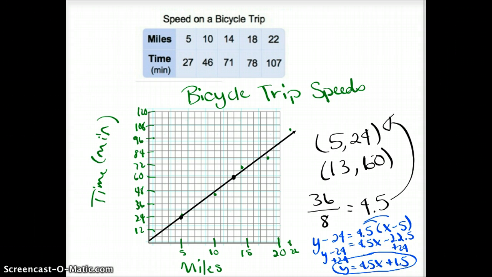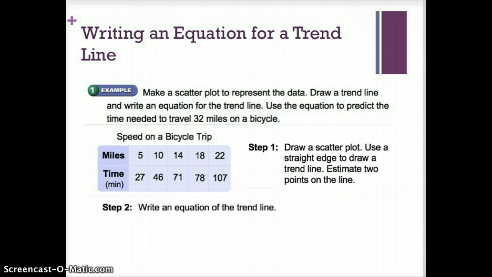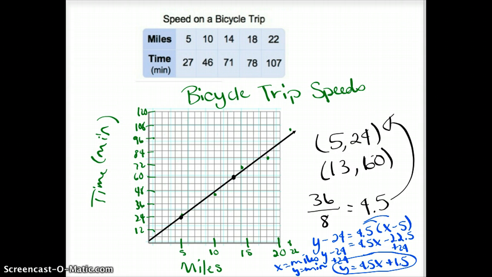Here, the next question. When I use that equation, it's important to know that x is miles and y is minutes in this case. I was asked in my previous problem to predict how long it's going to take to go 32 miles on the bicycle. So 32 miles is going to be substituting in for x.